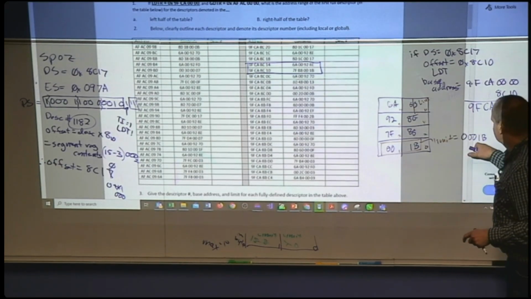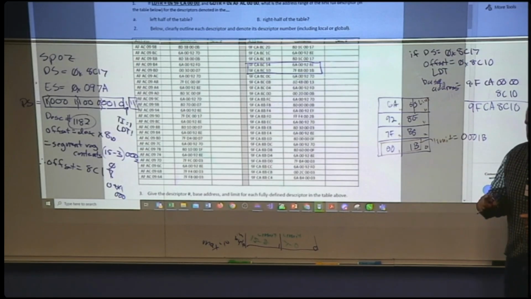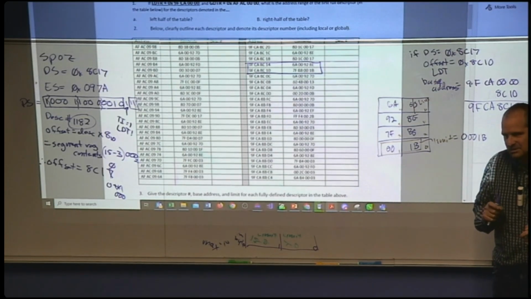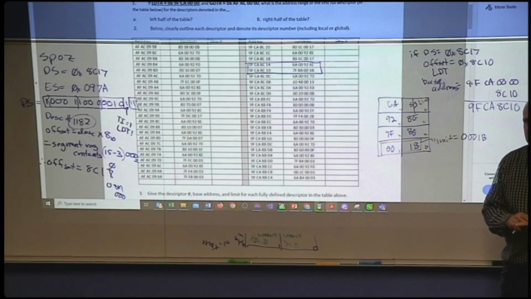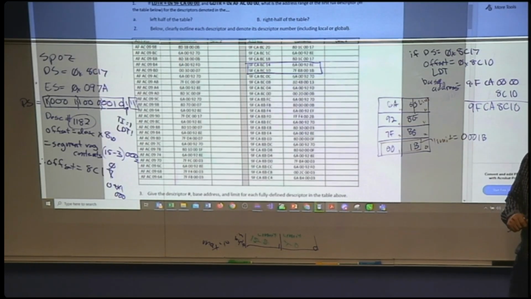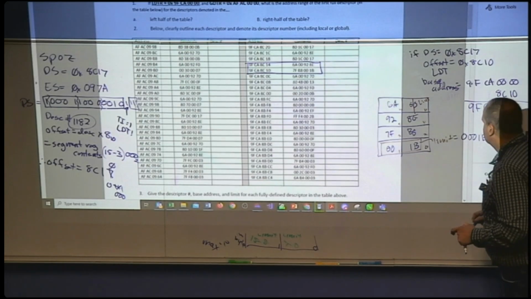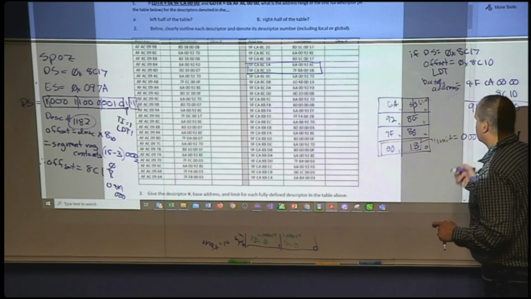So the size is not 1B. Do you see it's 1B plus 1? Because it's 0 indexed. So 1B plus 1 is 1C, which is 28 decimal. 16 and 12, 28. Yep, 28 bytes. Okay? What's the base address, guys?